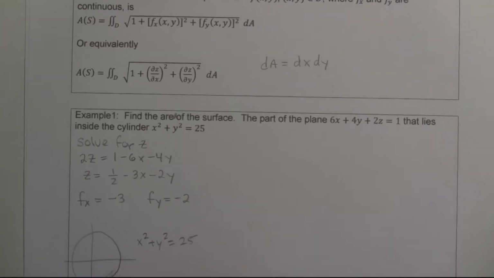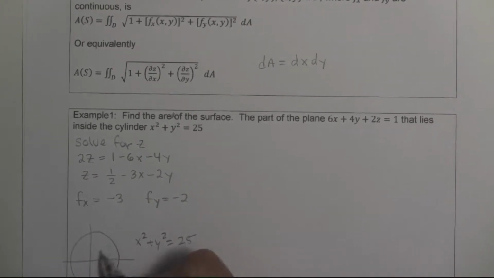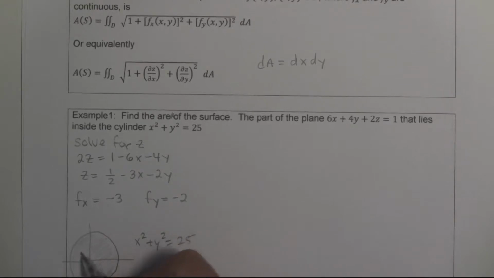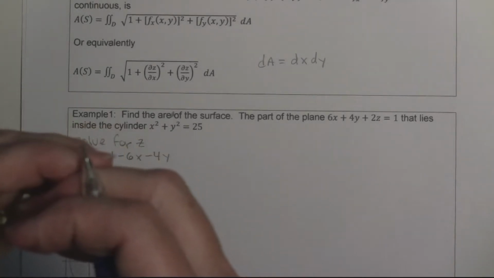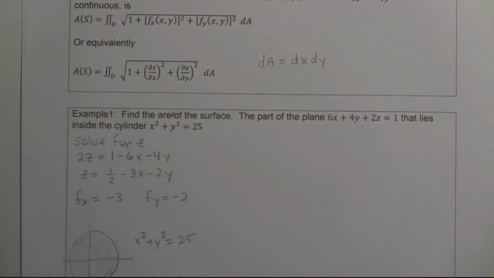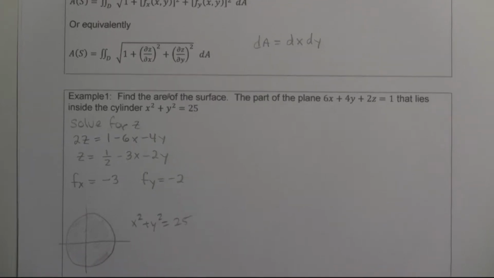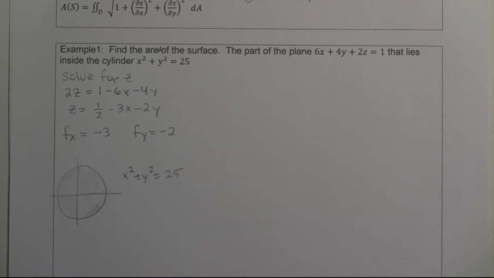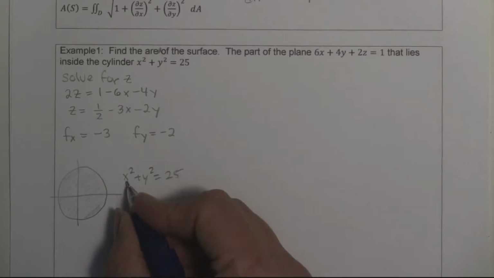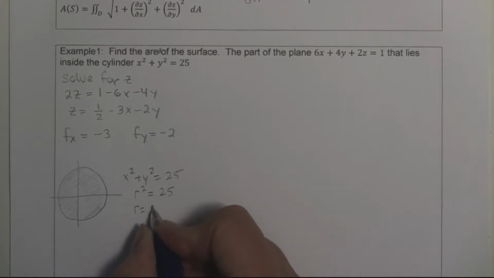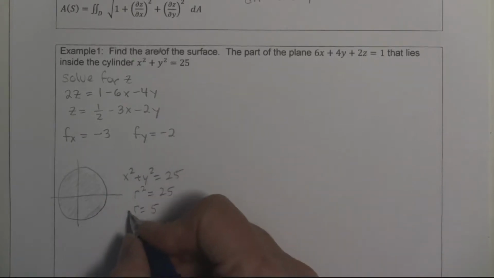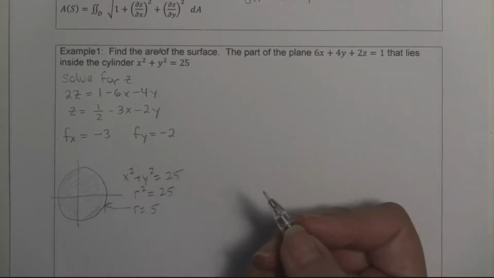It's the cylinder that's going up and hitting our plane, and that we're trying to find our surface area. Because this is a circle, it is much better for us if we do it in polar. I remember that x squared plus y squared equals r squared equals 25. So r equals 5. And so that's the equation of that circle right there.